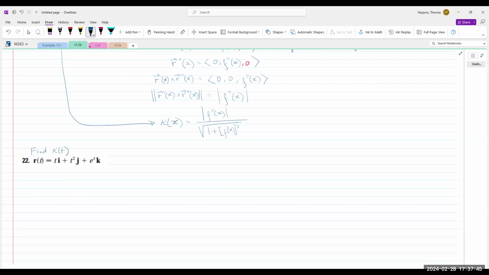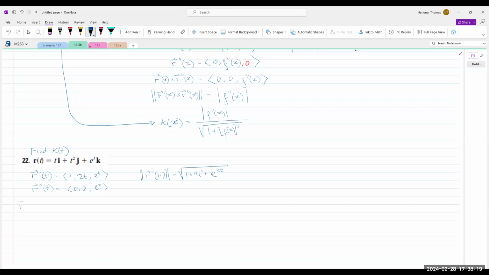We already have r of t, so r prime t will be (1, 2t, e to the t). And r double prime t will be (0, 2, e to the t). Okay, now the magnitude of r prime t is the square root of 1 plus 4t squared plus e to the 2t.